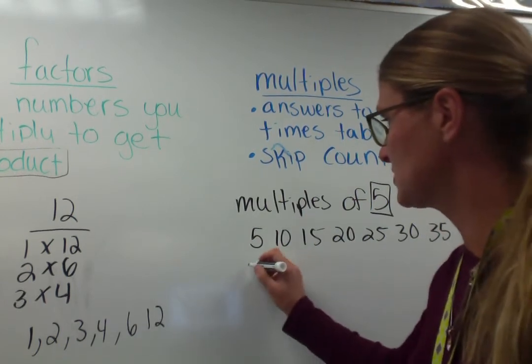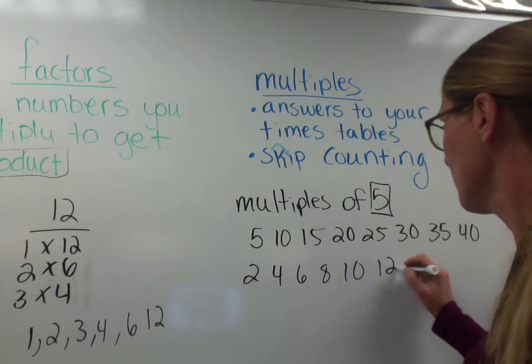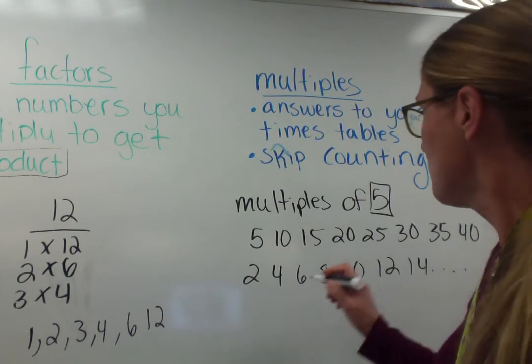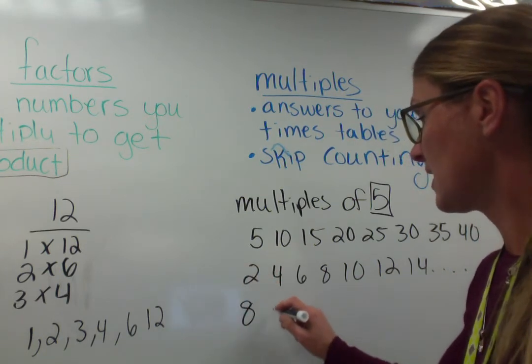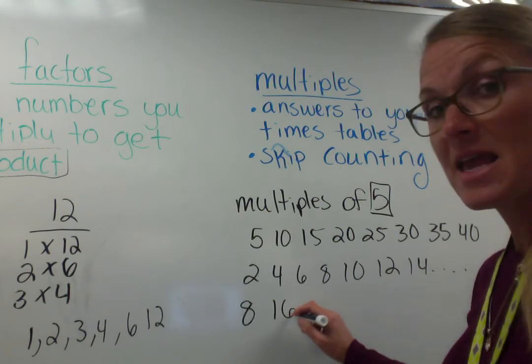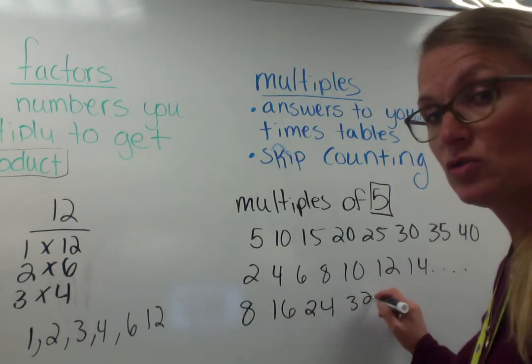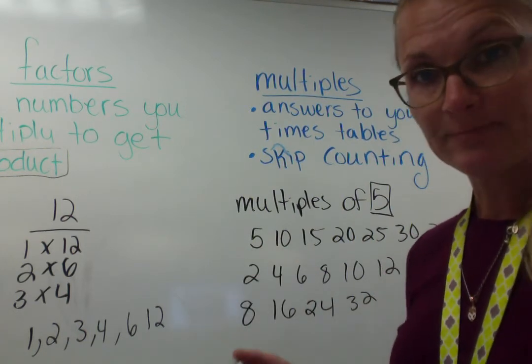If I want to do multiples of 2, 2, 4, 6, 8, 10, 12, 14. And again, they go on and on forever, okay? Multiples of 8, 8, 16, 24, 32. Ooh, I'm writing backwards. It's pretty good. So you get the idea.